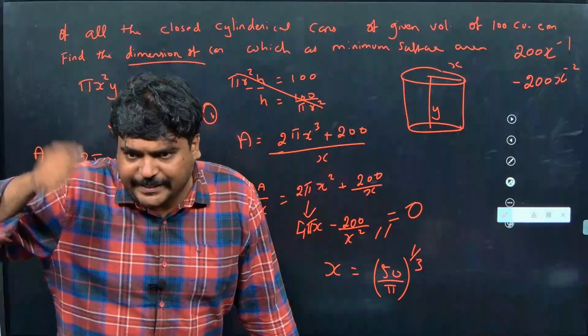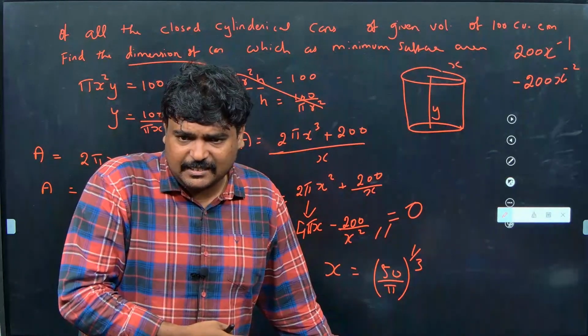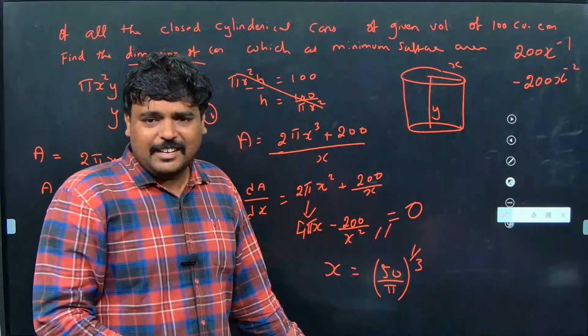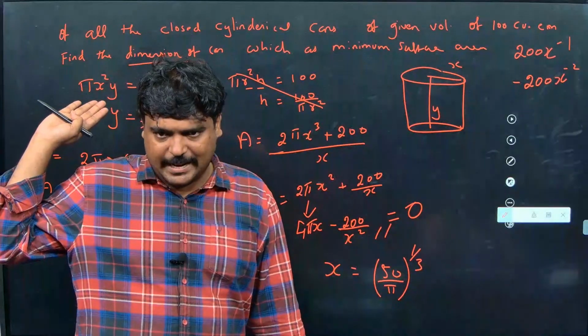If I get a positive value in the second order differentiation test, then this is minimum. Then go and substitute this in y, which is the height.